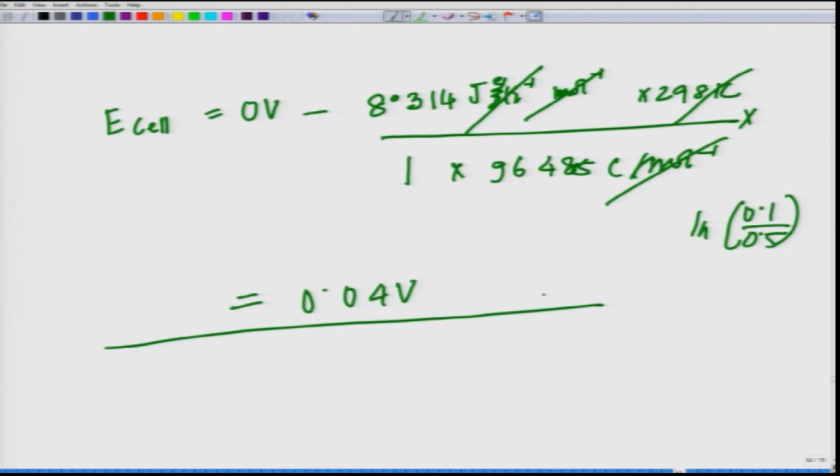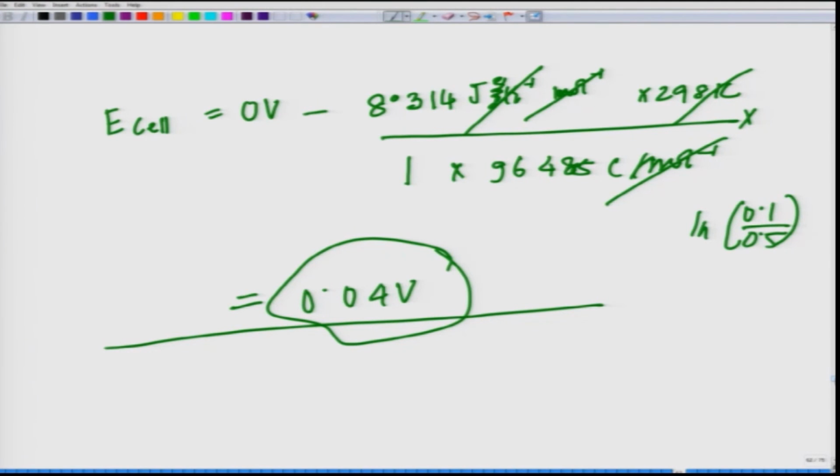The value of E cell for a concentration cell is quite small, as you can see, 0.04 volt. But what is important is that when current is drawn from the cell, the potential decreases as the reaction proceeds. The concentrations in the two half cells tend to equalize. When the concentrations are the same in both half cells, the reaction comes to equilibrium where E cell becomes 0.